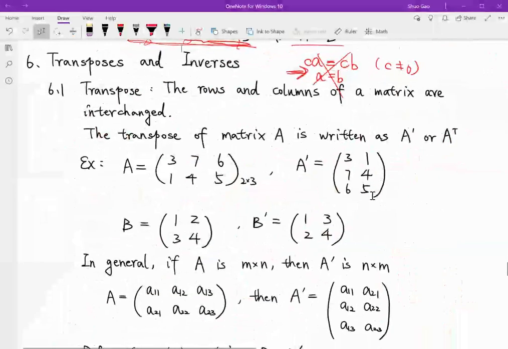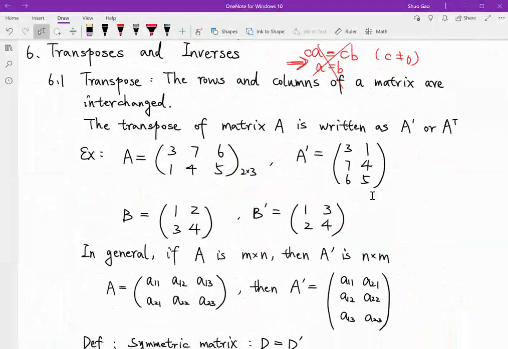And then we'll talk about the transpose and inverses. So first, transpose means the rows and the columns of the matrix are interchanged. Right? And the transpose of matrix A is written as A prime or A to the T. Right?